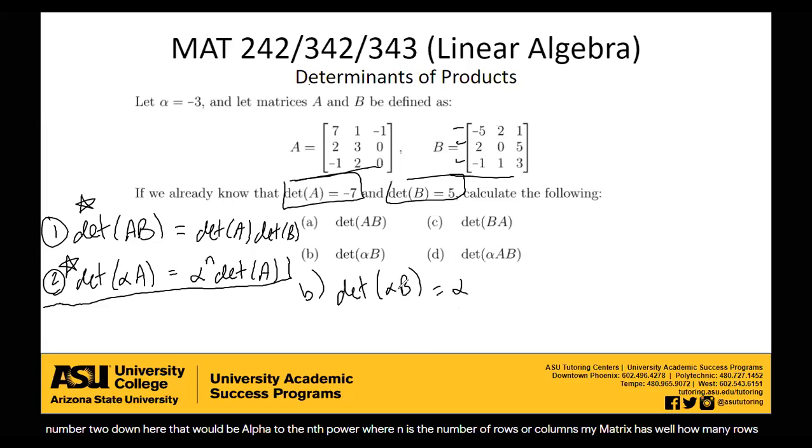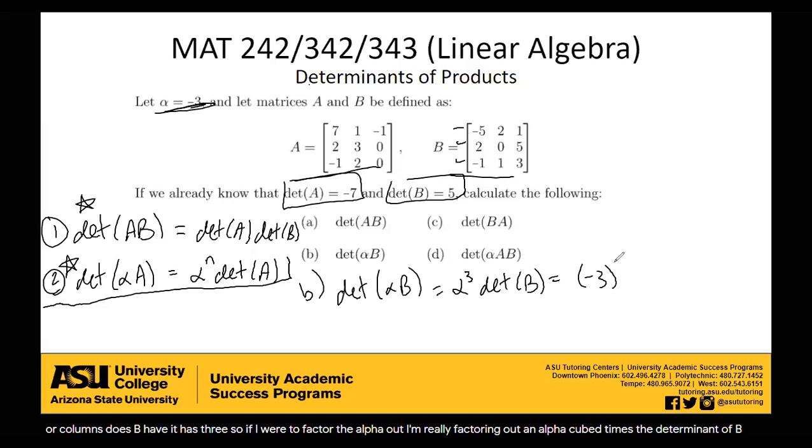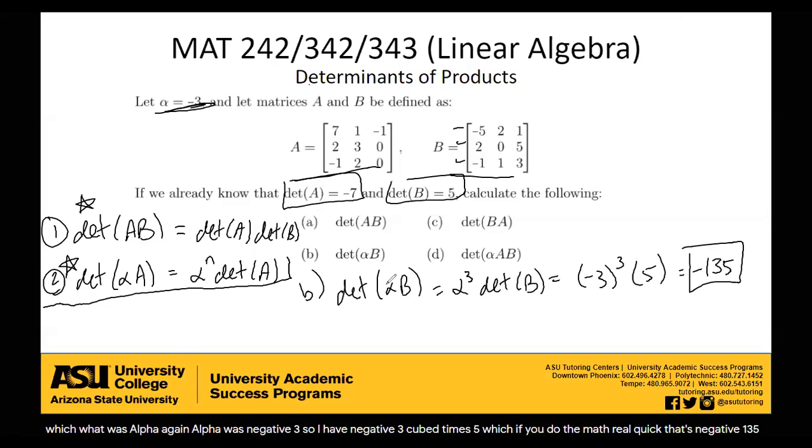So if I factor the alpha out, I'm really factoring out an alpha cubed times the determinant of B. What was alpha again? Alpha was -3. So I have -3 cubed times 5. If you do the math real quick, that's -135. That is part C.